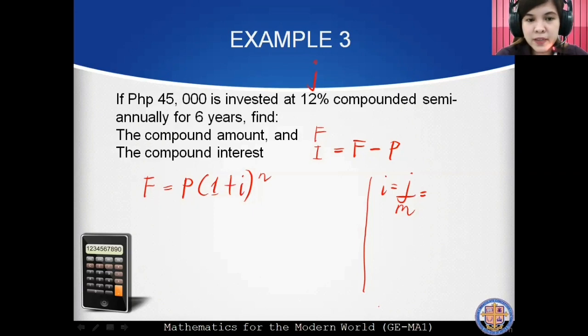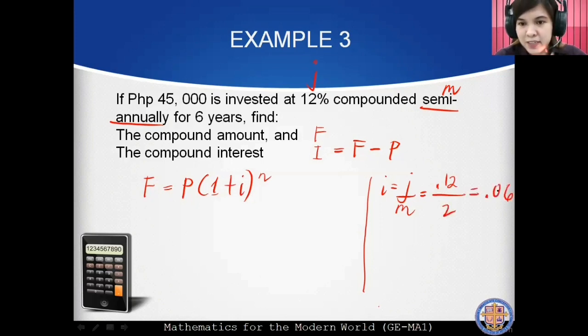Our M: compounded semi-annually, so the conversion period is 2. Convert this 12% into decimal: 0.12 divided by M of 2. The answer is 0.06.